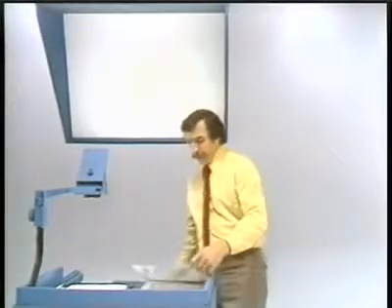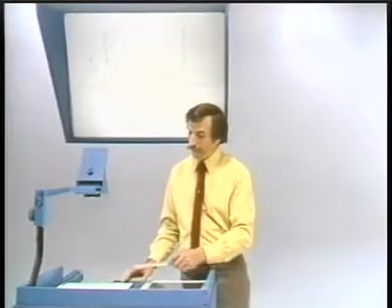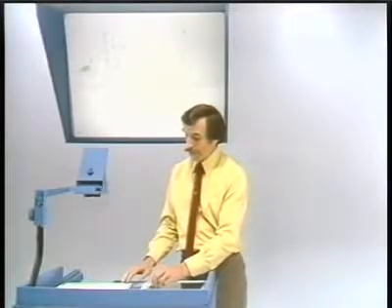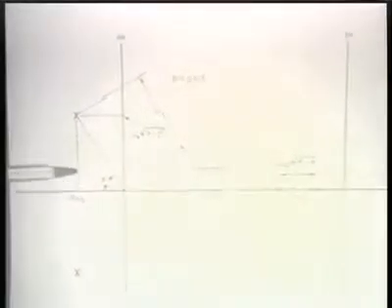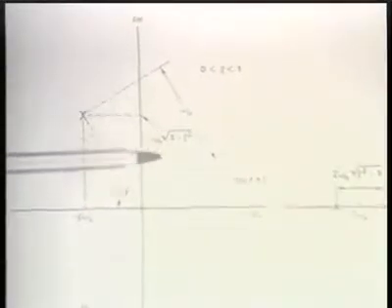All right, so let's examine this for the case where zeta is less than 1. And what that corresponds to then are two poles in the complex plane. And they have a real part and an imaginary part.